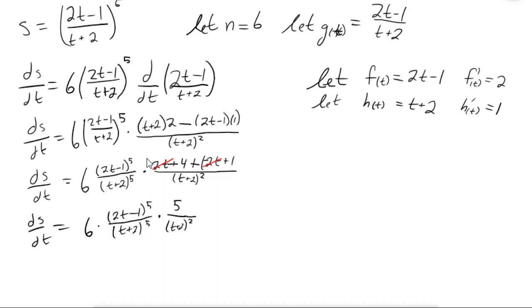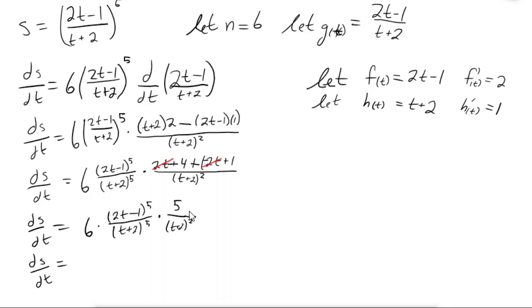Now I have (t plus 2) to the power of 5 multiplied by (t plus 2) to the power of 2. Remembering my rules from earlier math classes, I can just add those exponents together, and on the bottom I'll have (t plus 2) to the power of 7.